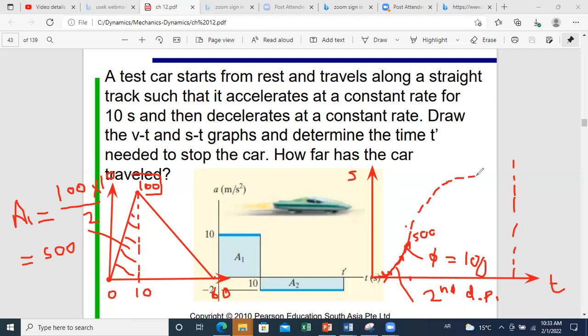This will be your profile. Your slope will decrease until reaching nearly 0. So you just have to join these points and you get your graph. Now you can put that the slope at this point is equal to 0. This is a second degree parabola, but as you can see, the concavity is downward.